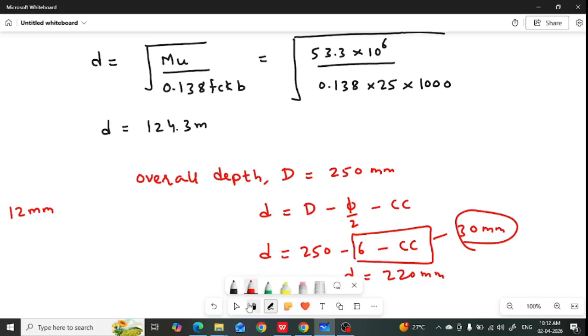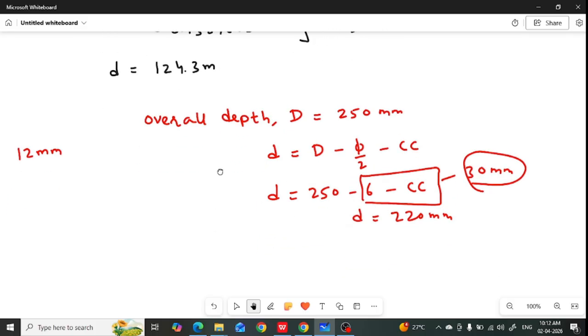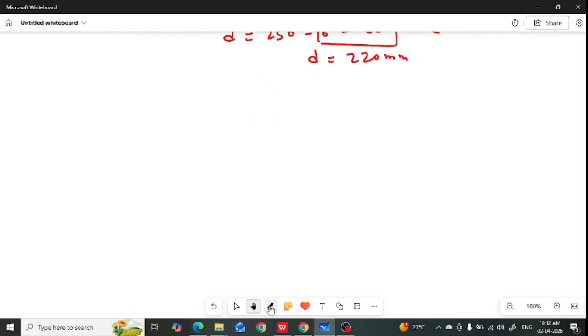Now we can provide Ast. You can provide Ast using the SP16 table, or you can provide Ast by using the formula. I will show you that formula. So first we will see how to calculate the area of steel required with respect to the SP16 table.